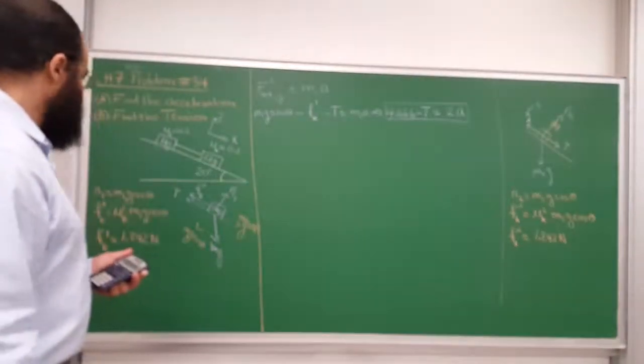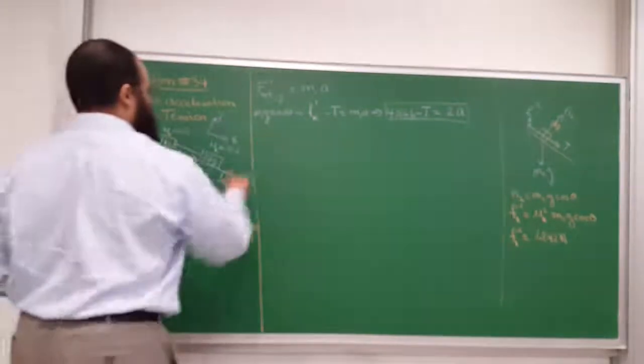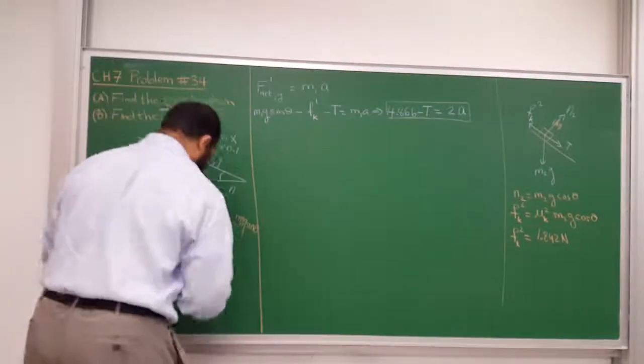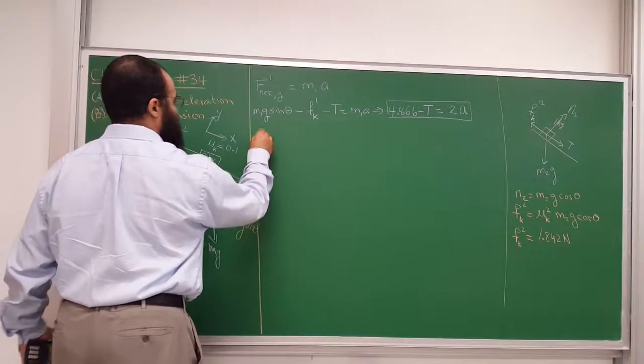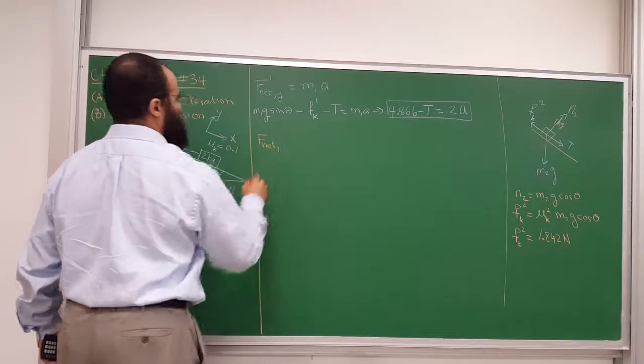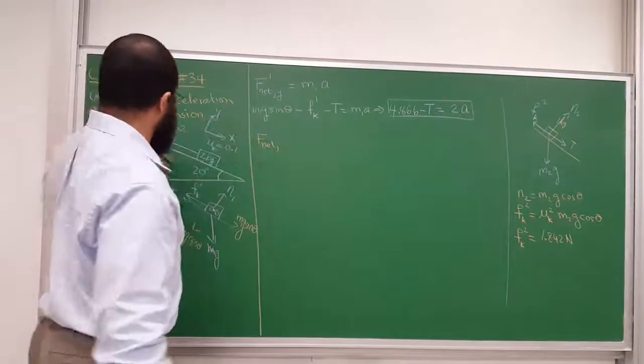And now we will use Newton's second law for this mass in the x direction. So let me keep writing with a different color. So I made a mistake here. It should say the net force in the x direction.